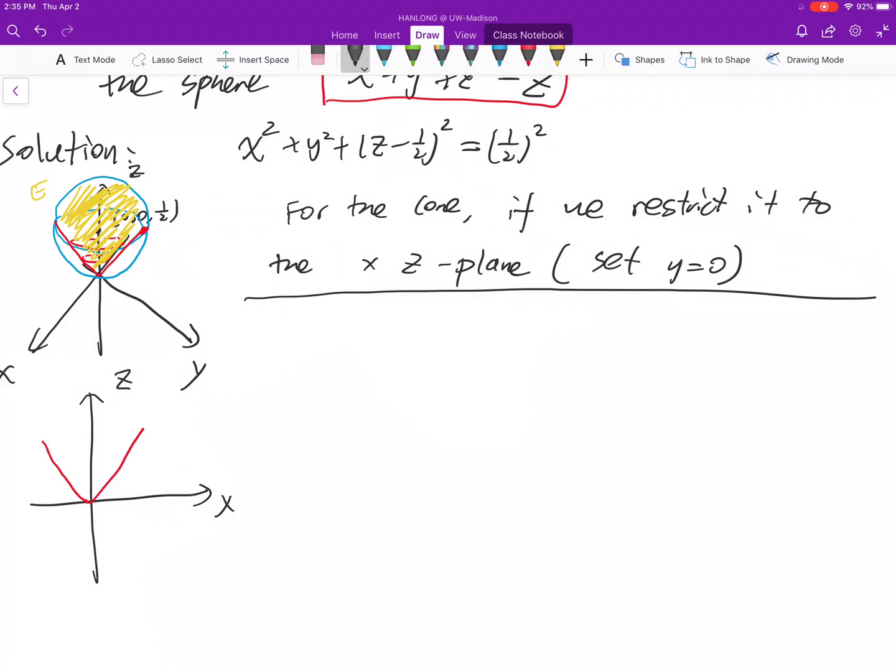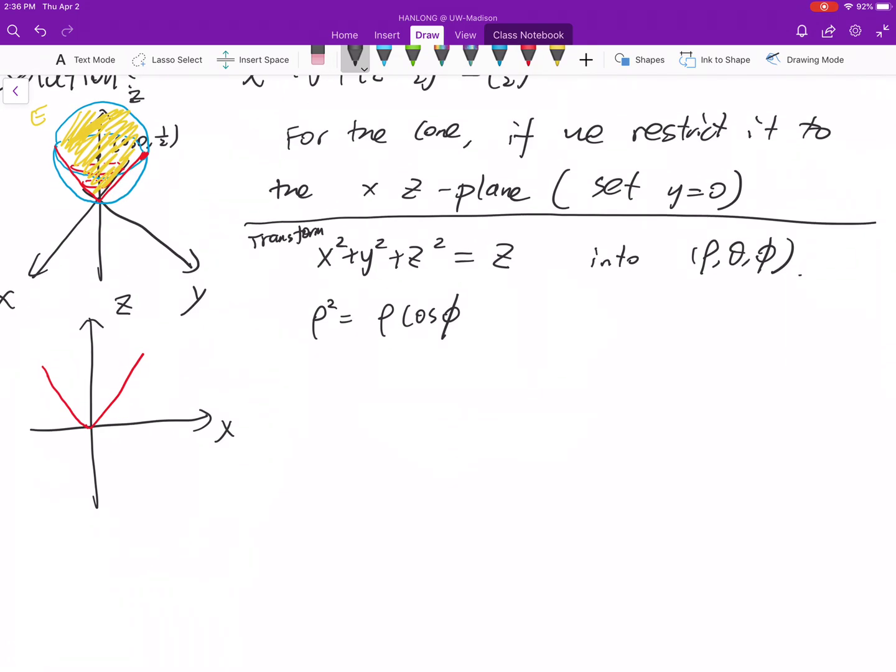Next, let's look at the region for E in terms of rho, theta, and phi. First, let's transform the defining function of the blue part into rho, theta, phi. On the left-hand side you have rho squared, on the right-hand side you have rho cosine phi.